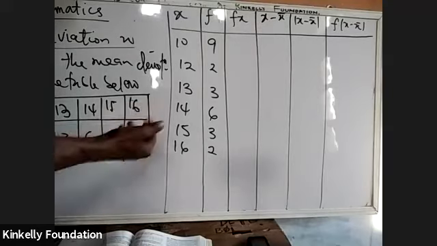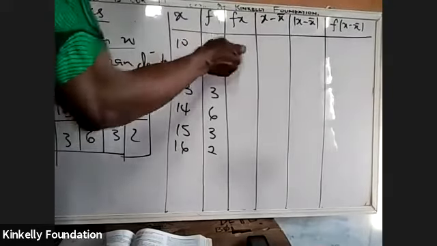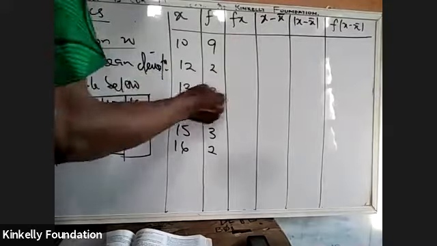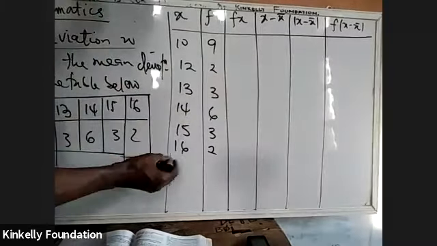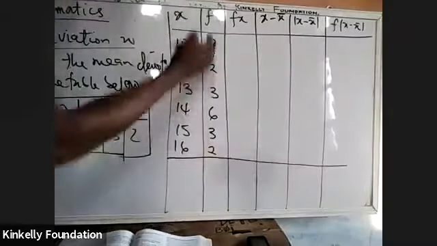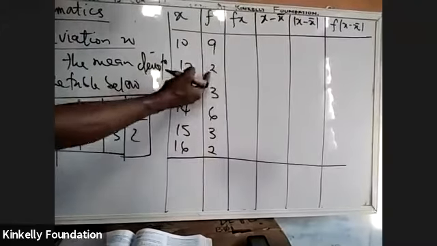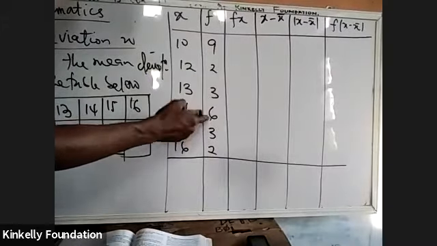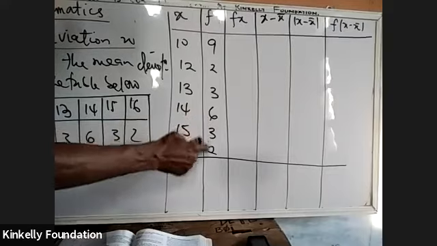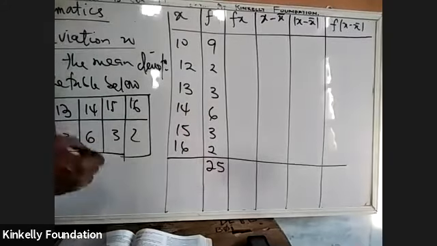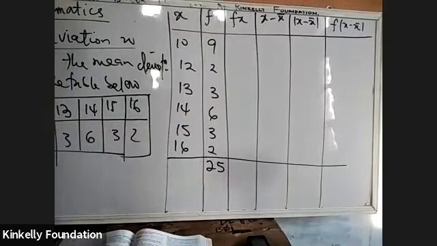Now fx means this times this. Remember, you are also expected to sum your frequencies. 9 plus 2 is 11, plus this is 14, 20, 25. This is summation f.